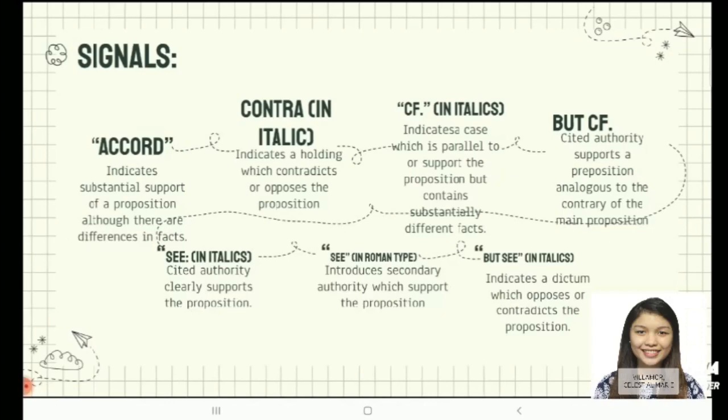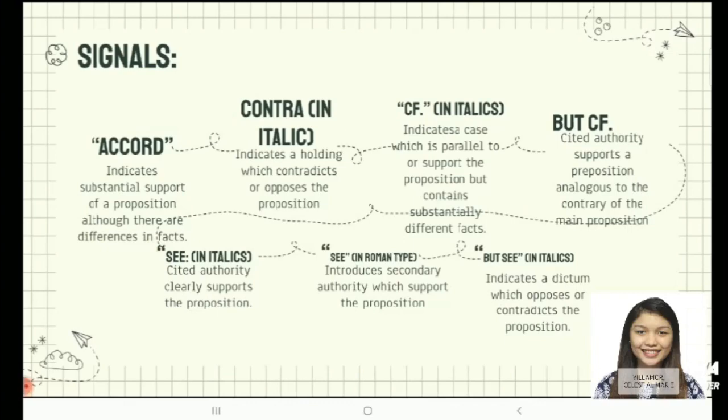So we have also the order of sources. When citing more than one source of the same kind for a single proposition, the sources must be in chronological order, where the oldest must be first.